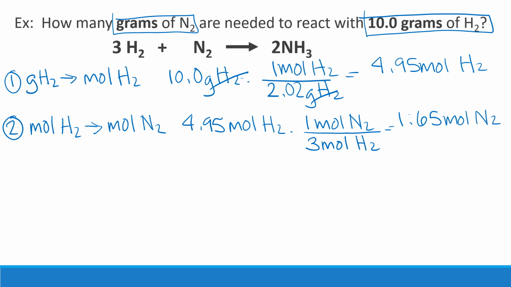And then finally, now that I have moles of N2, I can convert that to grams of N2.